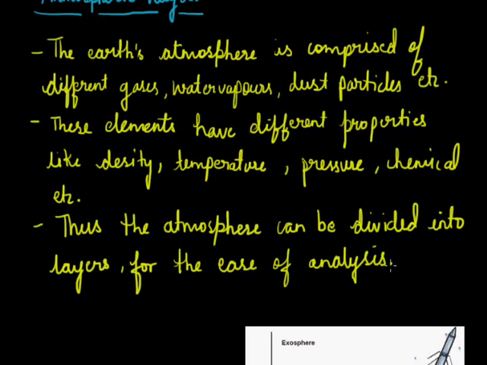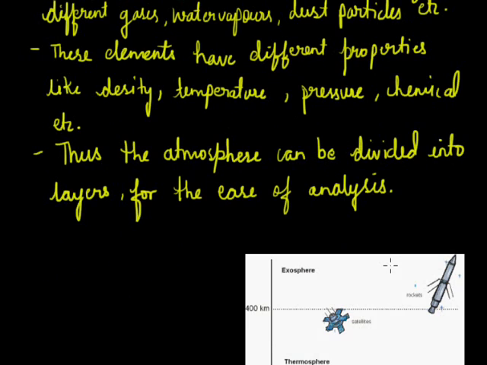We divide the atmosphere into different layers, but there is no specific dividing line which separates one layer from the other. As we are talking about gaseous layers here, you cannot pinpoint that from this level this layer stops existing and from here the next layer begins.